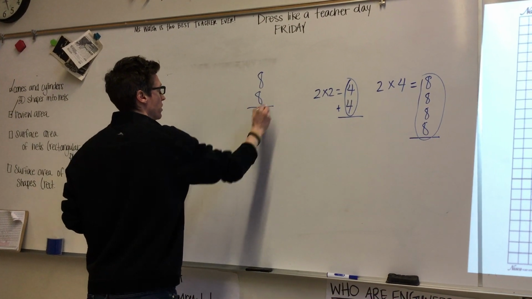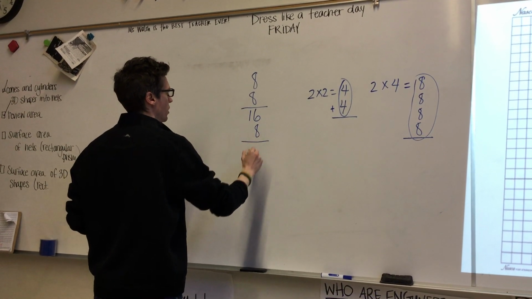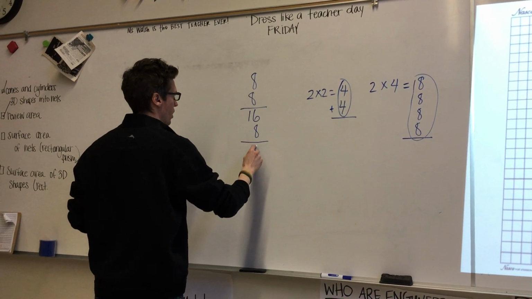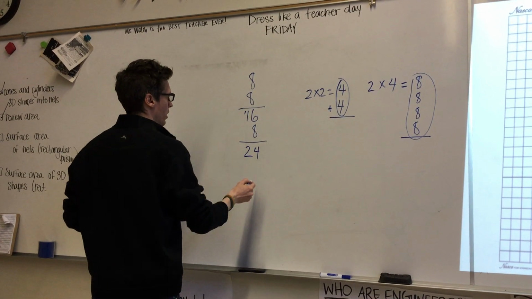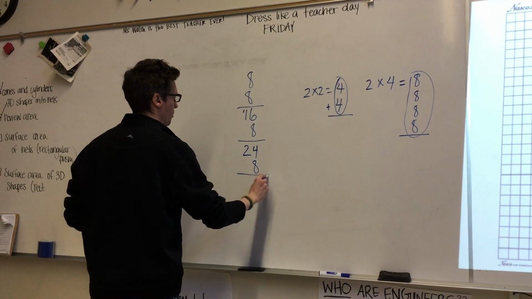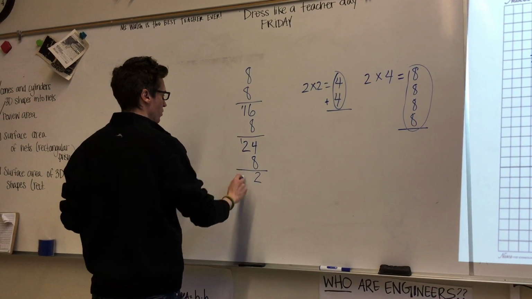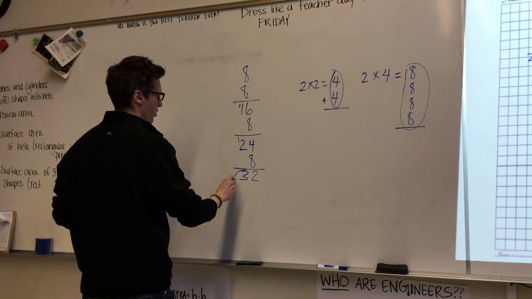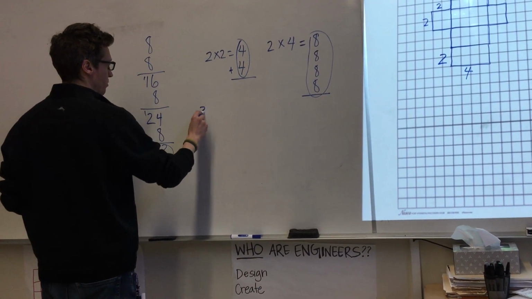8 plus 8, which gets me to 16. I'm going to add another 8, which gets me to 24. 24 and 8 is 32. Okay, so now I have my 32, and I have to add my 2 4s.